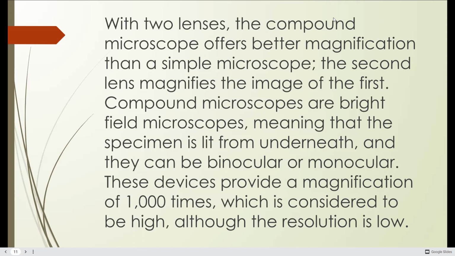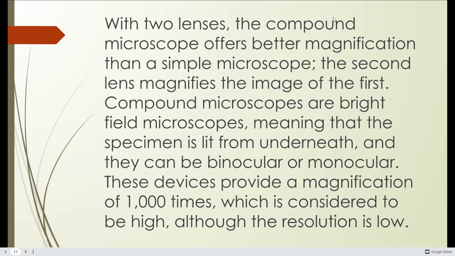Compound microscopes are bright field microscopes because they are traditionally using natural light. Some microscopes use electricity to illuminate the specimen, meaning that the specimen is lit from below, as in the diagram, and they can be binocular or monocular.